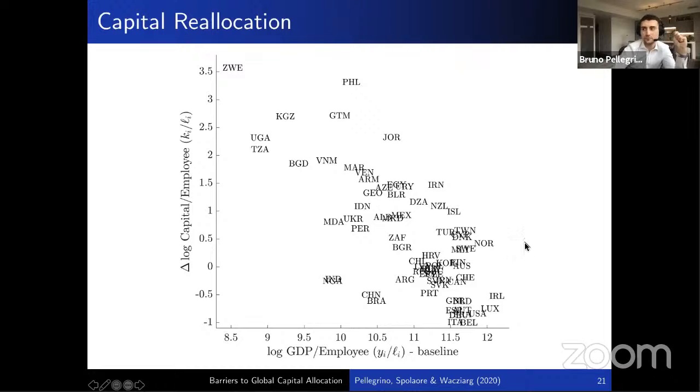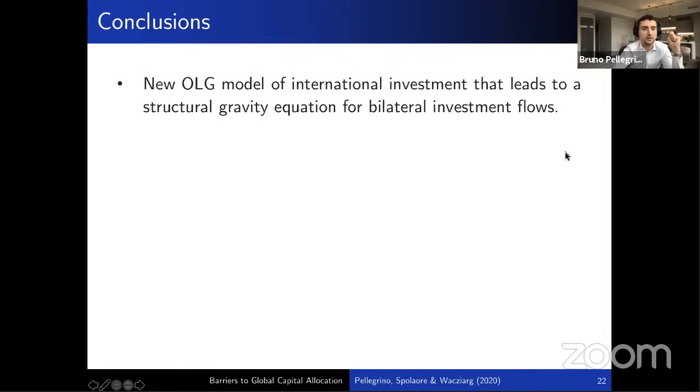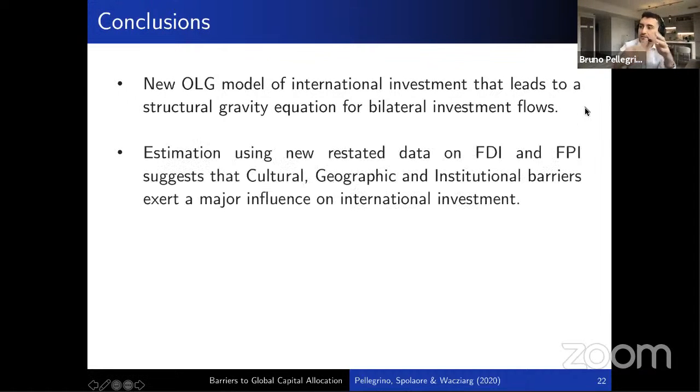So I guess I'm almost out of time, so let me quickly wrap up. In this paper, we have presented a new OLG model of international investment that leads to a structural gravity equation for bilateral investment flows. We have estimated this gravity equation using some new restated data on FDI and FPI, and our results suggest that cultural, geographic, and institutional barriers exert a major influence on the networking of international investment positions.